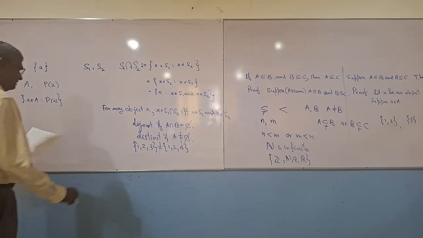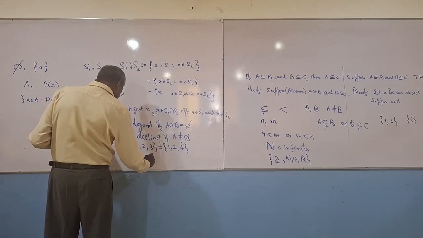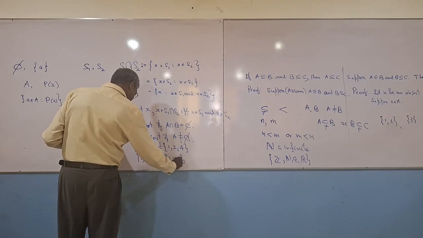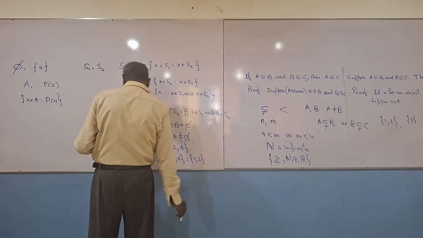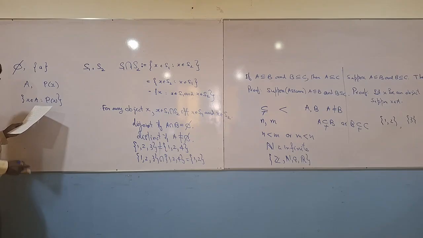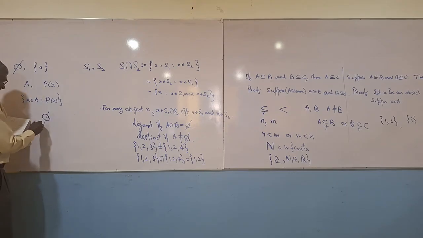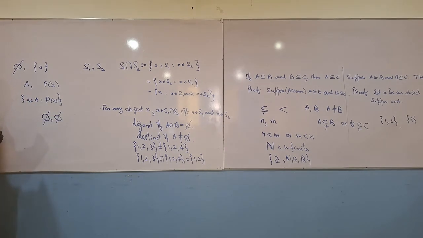You know all these little things. {1, 2, 3} ∩ {1, 2, 4} is obviously the pair set consisting of 1 and 2. Meanwhile, the empty set and the empty set are disjoint, because this one intersection this one is empty.